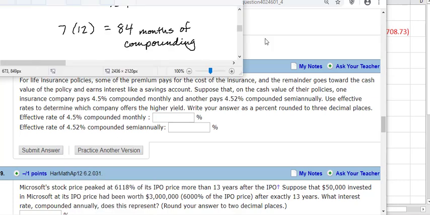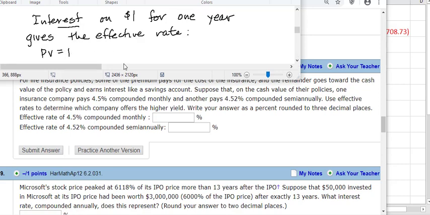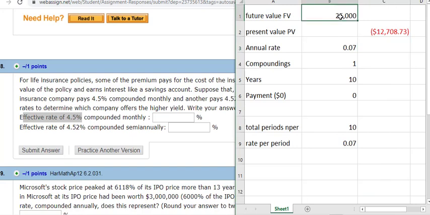And I think the easiest way to think of the effective rate of interest is you're going to look for the interest on $1 for 1 year. So the present value will be $1 and the years will be 1. So let's find the effective rate for 4.5% compounded monthly.